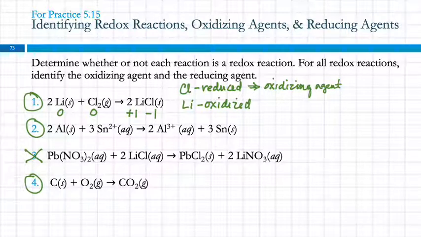And then lithium was oxidized, but by doing that, it caused the chlorine to be reduced. So this is the reducing agent. Any questions? This is one of the most confusing things.